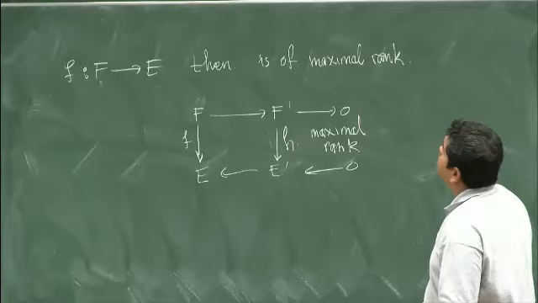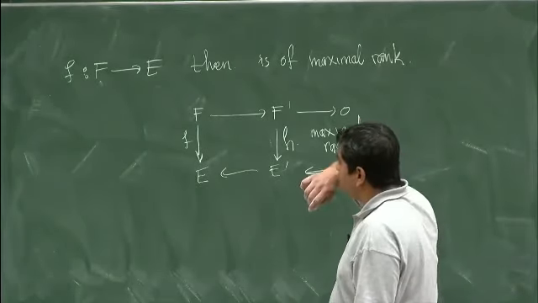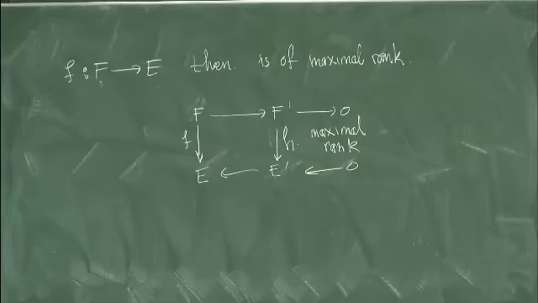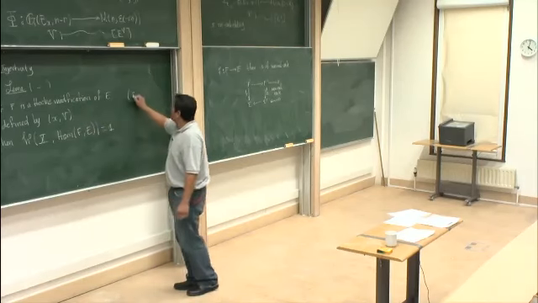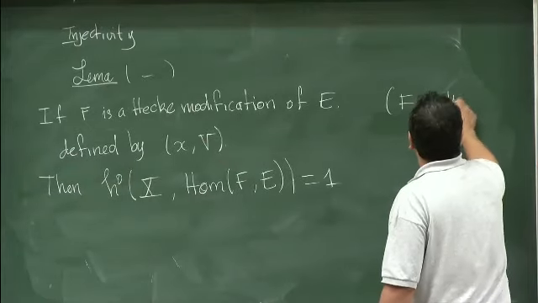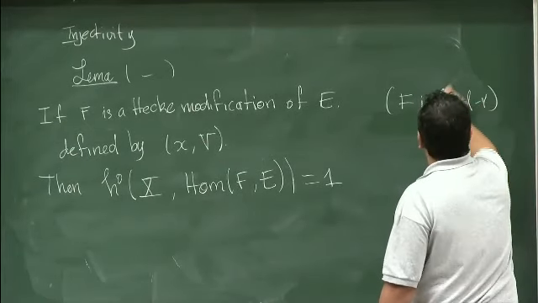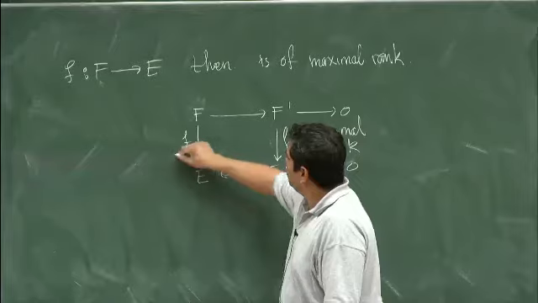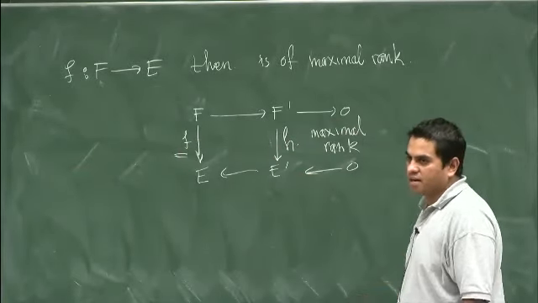And then using the Kähler stability of E, and since F is a Hecke modification, F is in fact K, L minus R stable. Then using the properties of KL stability for E and the KL minus R stability of F, we can prove that it's not possible to have a morphism which is not of maximal rank using only this diagram.